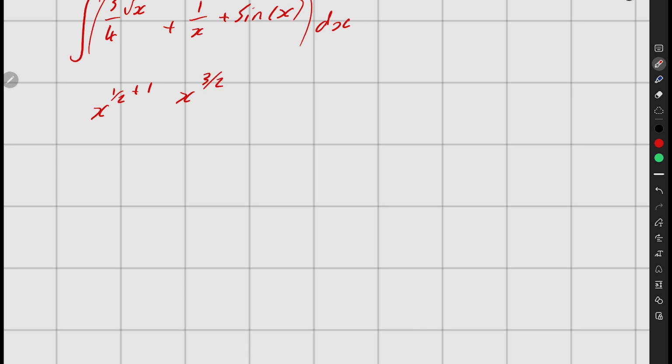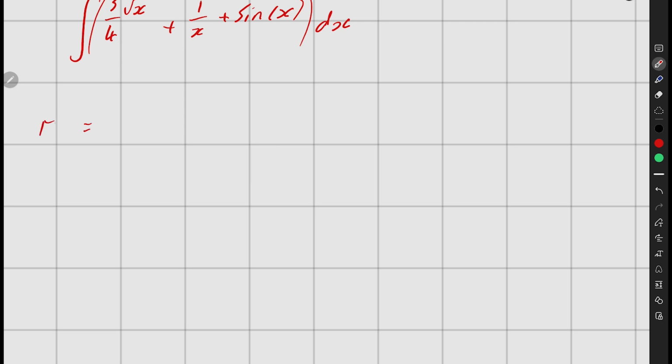And an easy way to remember this is with your powers, because you're always adding 1 onto the power, you're simply going to take your numerator, 1, plus your denominator, 2, divided by the original denominator. So that's going to give us 3 over 2. So it's always your numerator plus your denominator divided by your denominator. That's the same for any fraction when we're adding 1 onto the fraction.